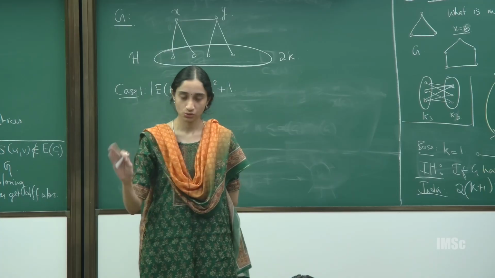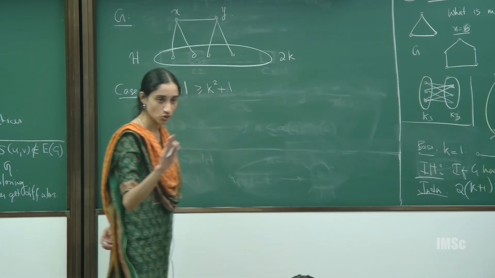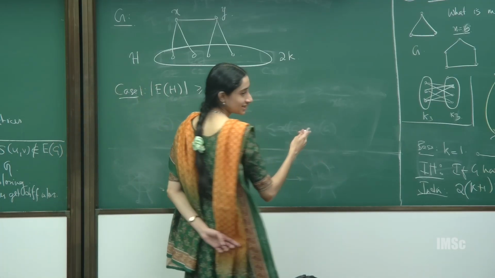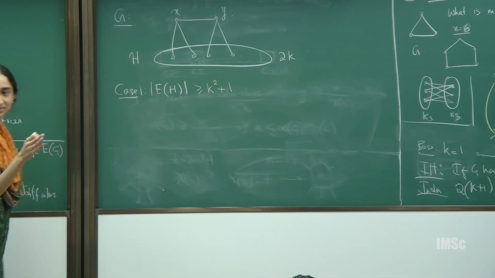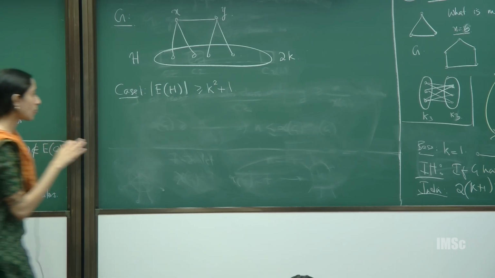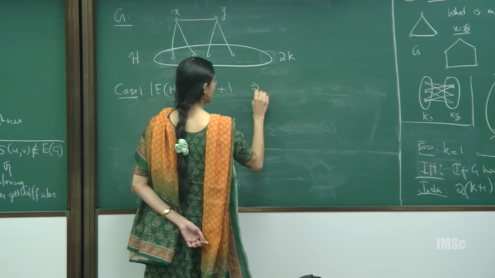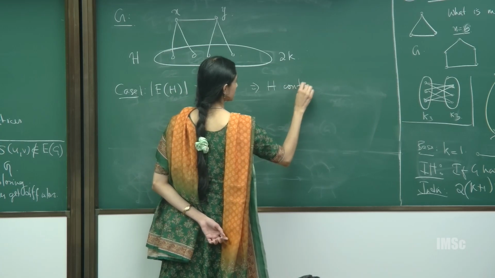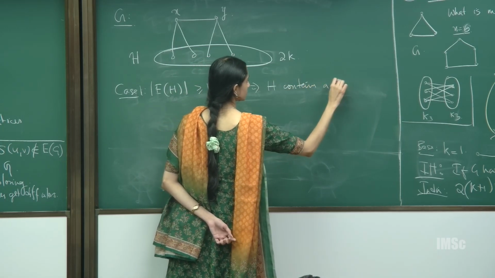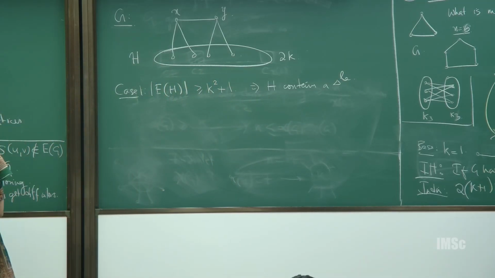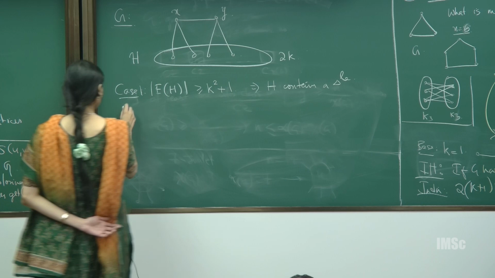If it's not comfortable for you, you should say no, I don't understand, because I cannot force you to. So if the number of edges inside H is at least k square plus 1, then H contains a triangle, and that triangle will also survive in G. So G also contains a triangle. So what's the other case?